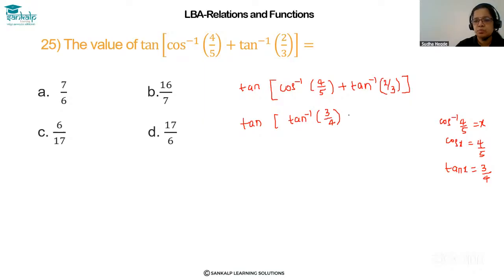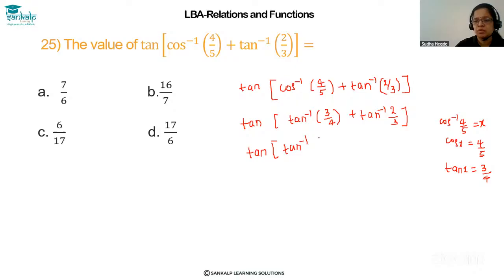Okay, plus this term I am keeping as it is, and now use the formula tan inverse A plus tan inverse B is equal to tan inverse of A plus B divided by 1 minus AB.